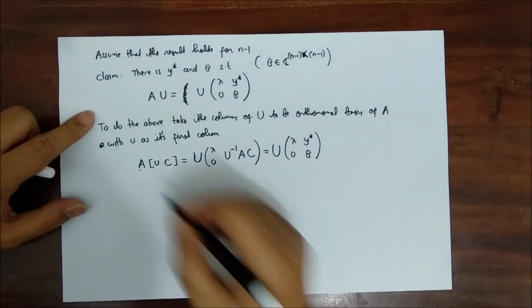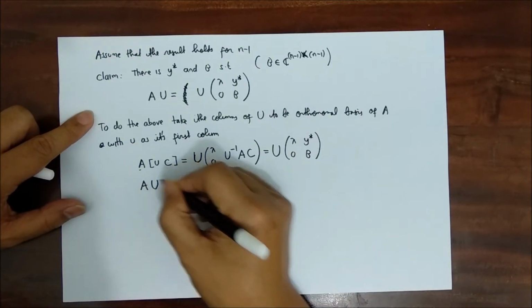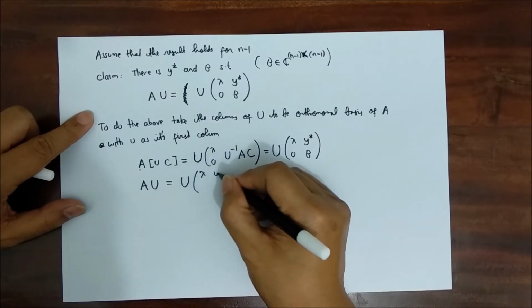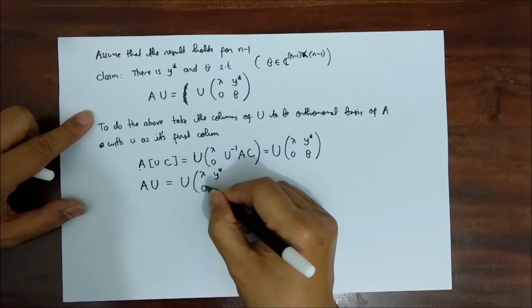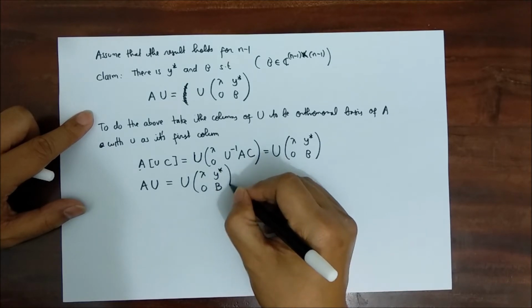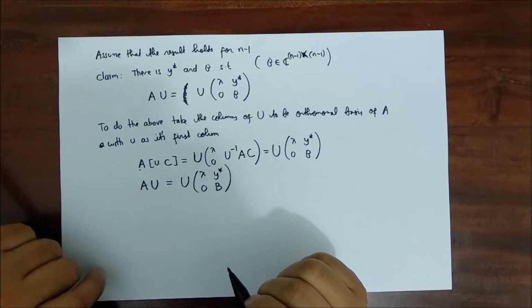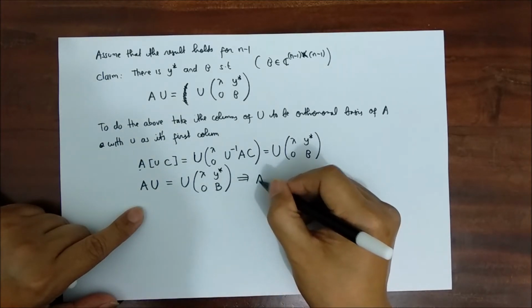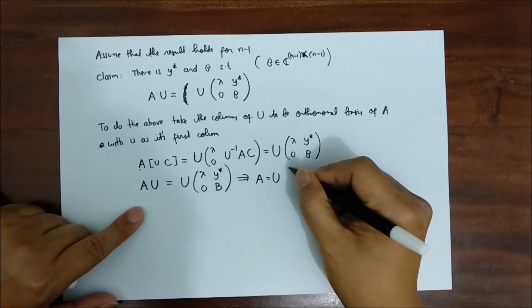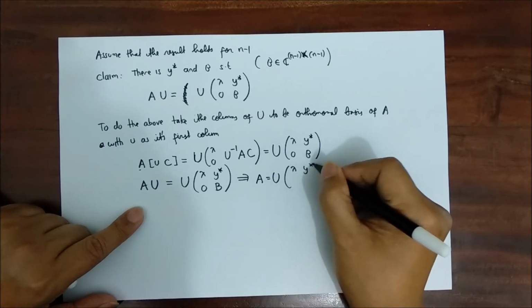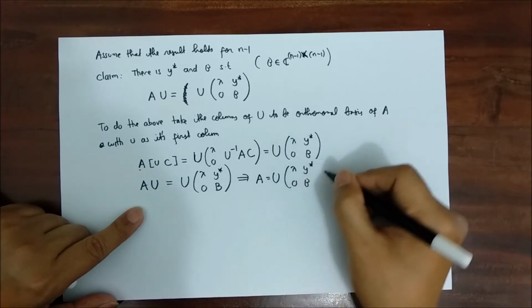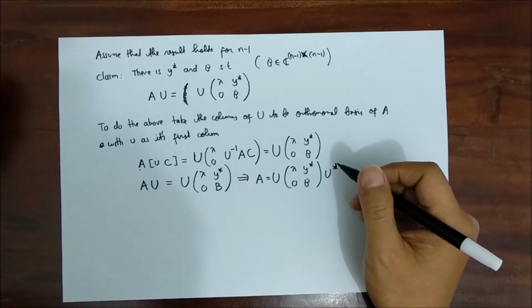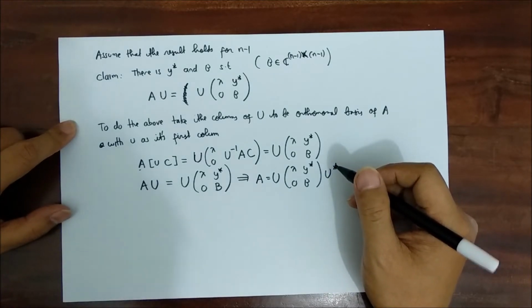Therefore we have AU equal to U times (lambda, Y star; 0, B). Now, using a similar argument, here we have A equal to U (lambda, Y star; 0, B) U star.